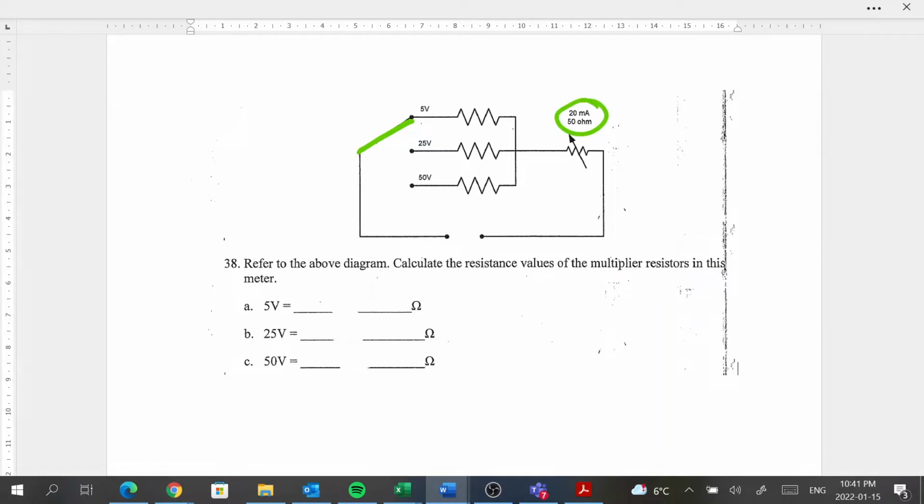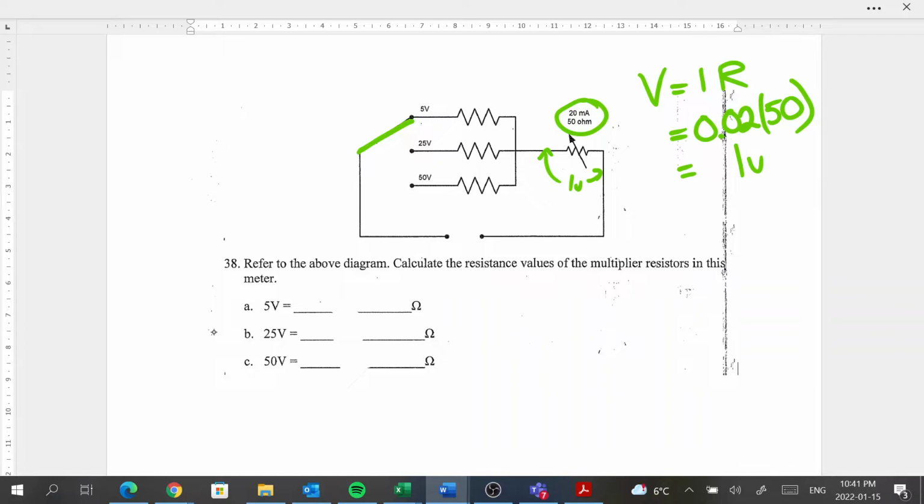Okay, so using Ohm's law, V equals IR, we are able to determine the voltage drop across that point there. So that's going to be equal to 0.02, which is 20 milliamps, times 50. And that's going to give us a voltage drop across that rheostat of 1 volt. 1 volt from that point to that point.